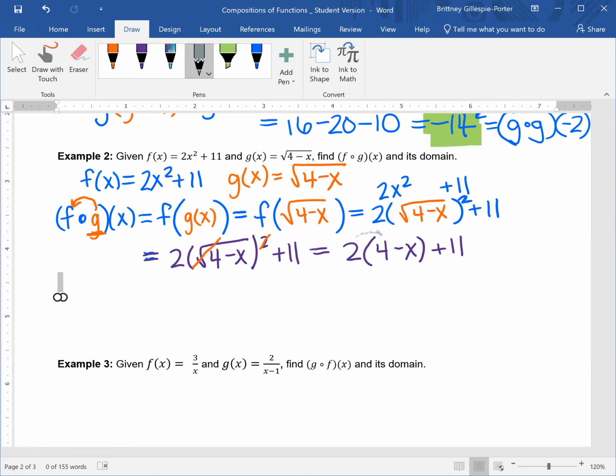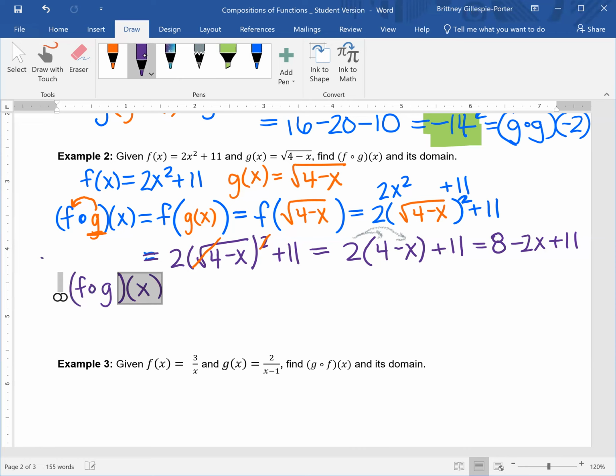Remember, we need to distribute 2 times 4, 2 times negative x, which means that we have 8 minus 2x plus 11. And if we simplify by combining our like terms, we find f composed with g of x is equal to negative 2x plus 19.